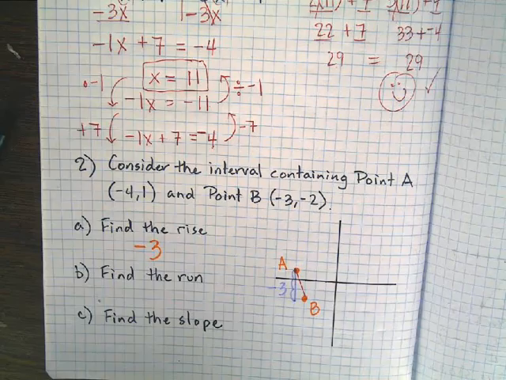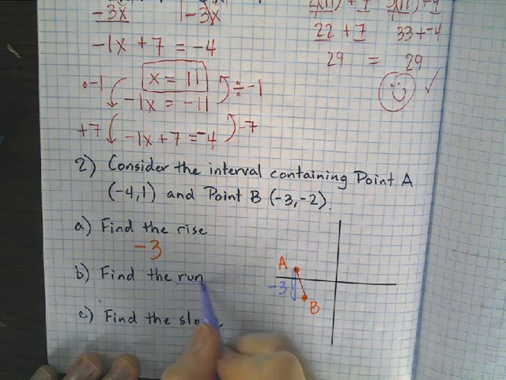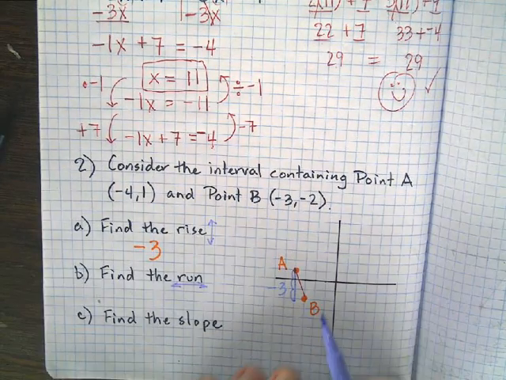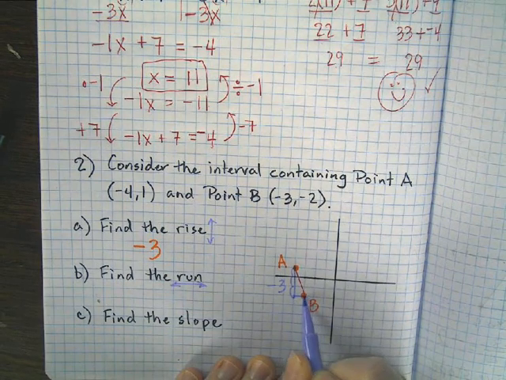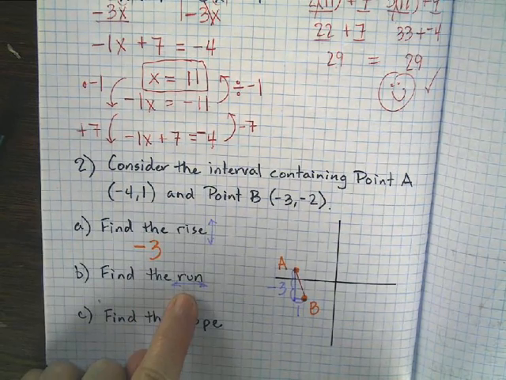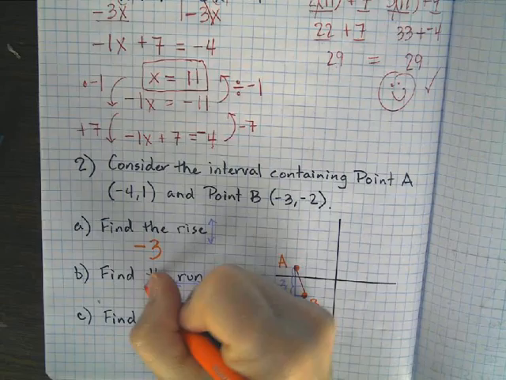Okay, the run is side to side. Okay, rise is up and down. The run is side to side. So how far over do I have to run? Just 1 space. So what's my run? My run is 1.